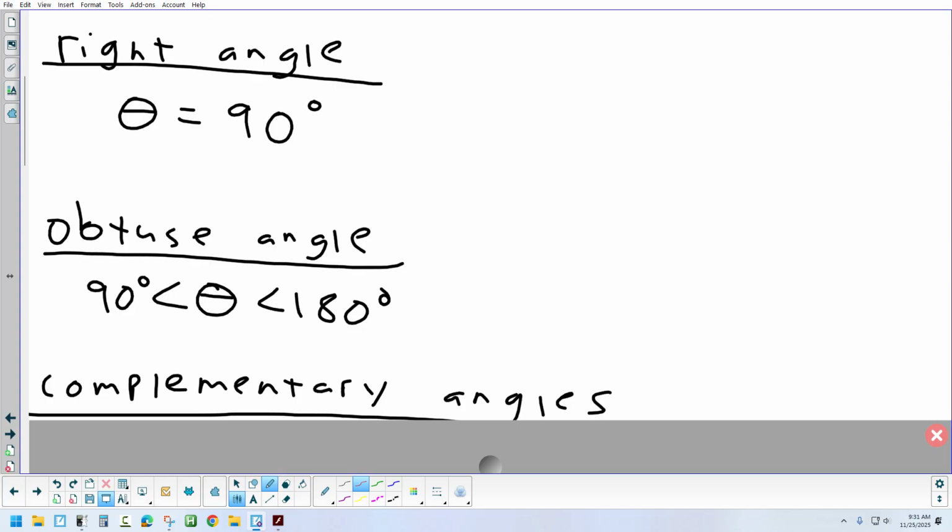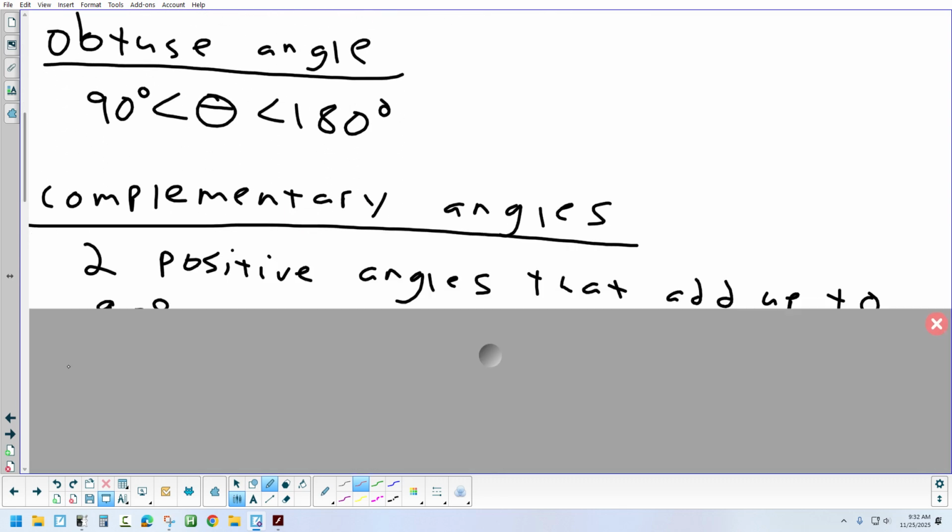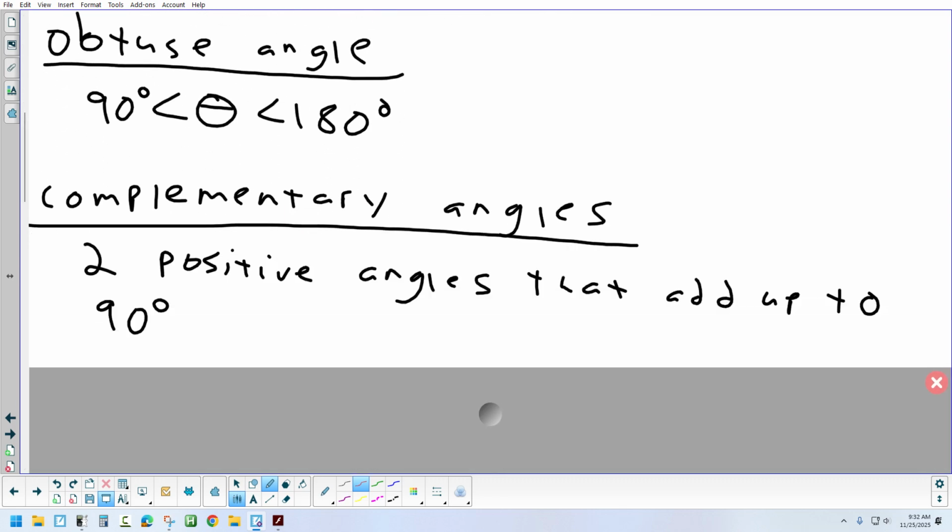Are there any angles that would add to 90 and wouldn't be complementary? Right, you can't use negatives. You can't say like -10 and 100. Those are not considered complementary. So it's two acute angles that add up to 90 degrees, or you could say two positive angles that add up to 90 degrees.